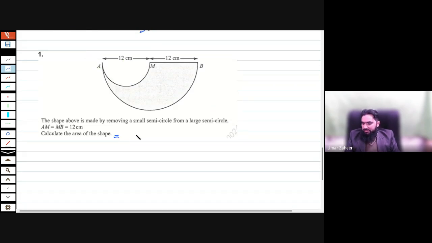That is equal to area of large semicircle minus area of small semicircle.